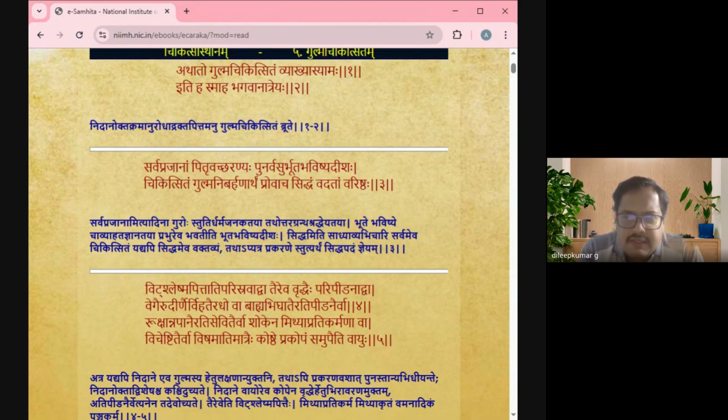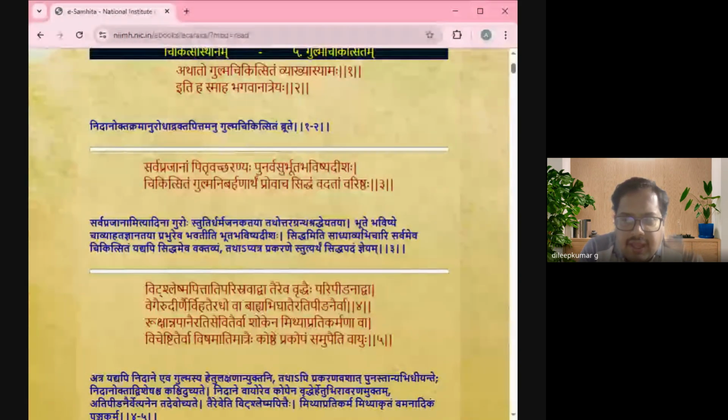So gulma may be a simple acid peptic disease. Gulma may be a simple spasm of pyloric sphincters, spasm of esophageal sphincters, spasm of pancreatic ducts or bile ducts, common bile ducts, hepatic ducts, or it may present as expansion like congenital megacolon.